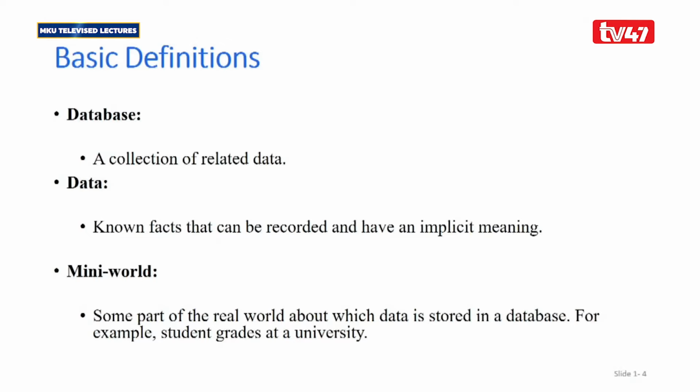For example, in a university we can have databases: a database that will store student details, a database that will store student examination grades, and so on. So we look at the university as a mini world. You can talk of a library, a hospital, a government institution, and so on, coming out clearly as a small world or a small domain.